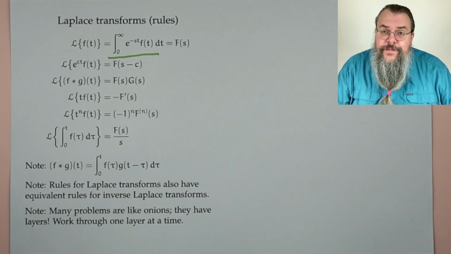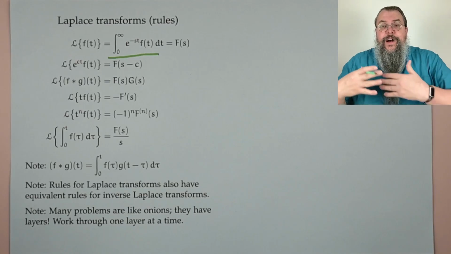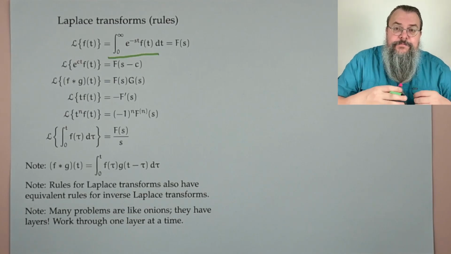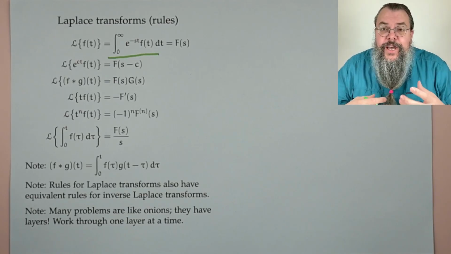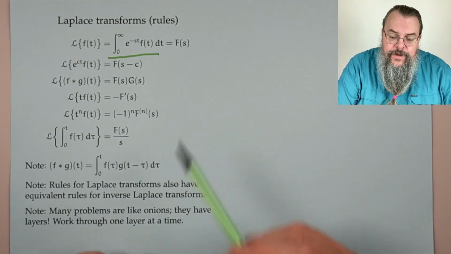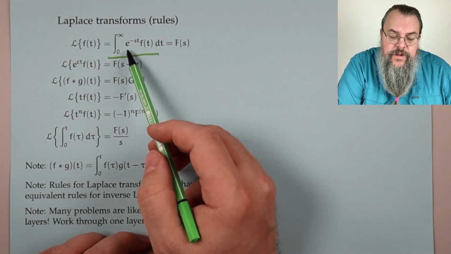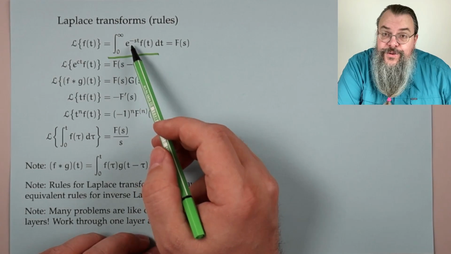Now you might say, do we ever use this definition? Well, yeah. Oftentimes we think about taking function to function, but when we have a function in s, we can always evaluate it at a point. Evaluating at, say, s equals 2 is the same as computing this integral with e to the minus 2t.